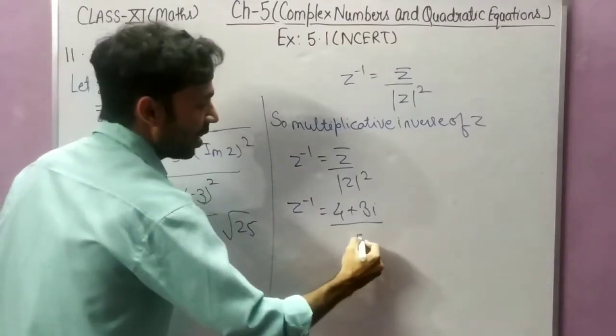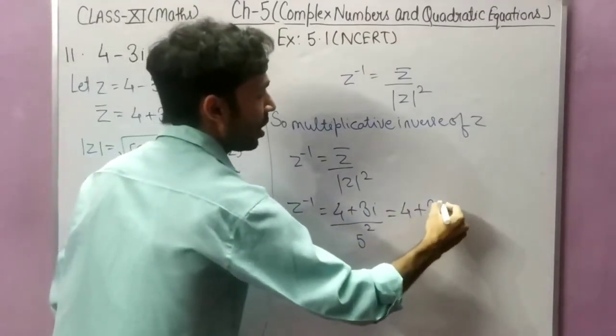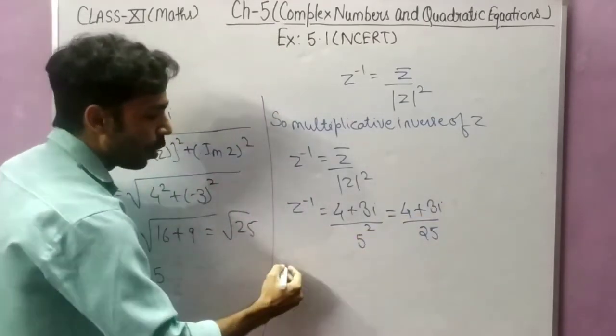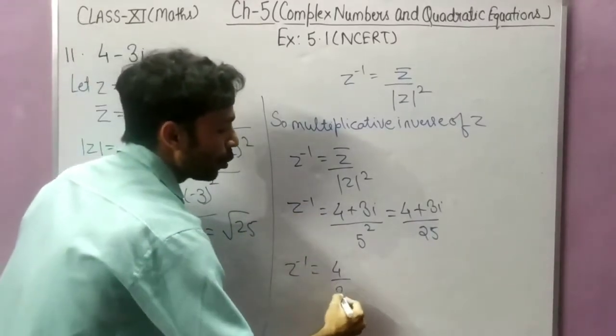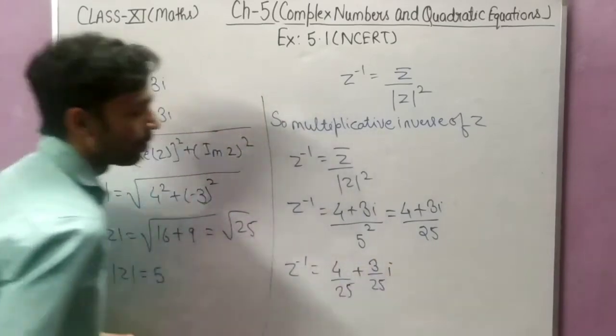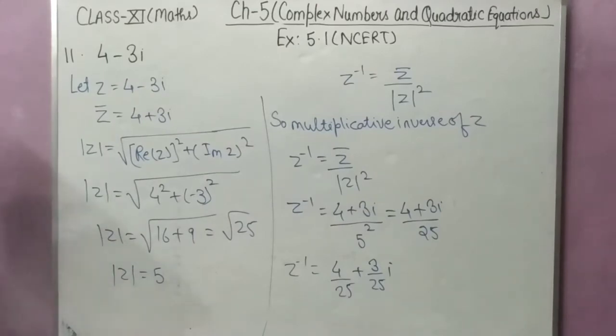So 5 squared. So it means that the answer will come 4 plus 3i upon 25. Either you can write in this way or you can write it separately, like 4 upon 25 plus 3 upon 25i. Okay. So this will be the solution of your question number 11, student. Please note down it.